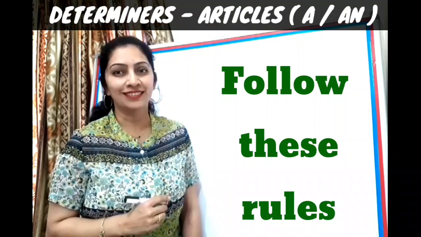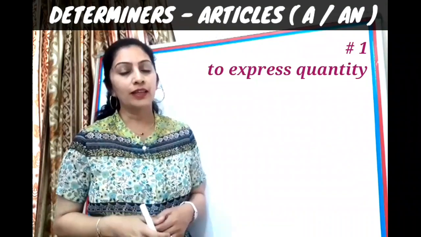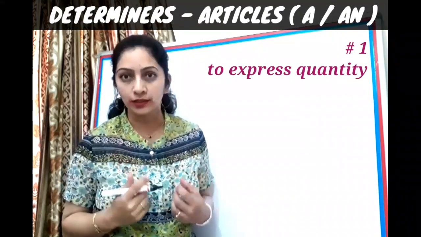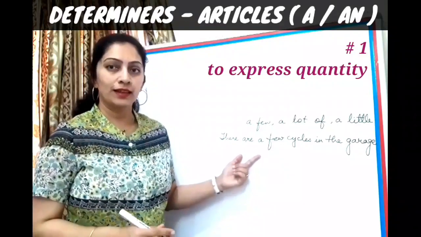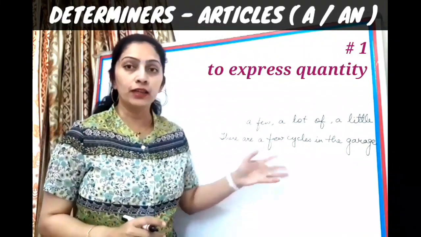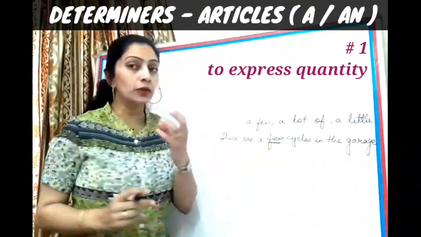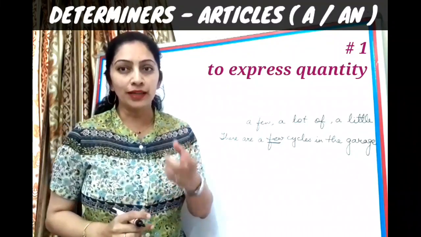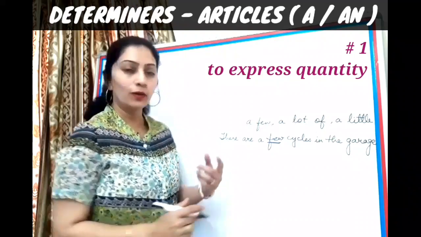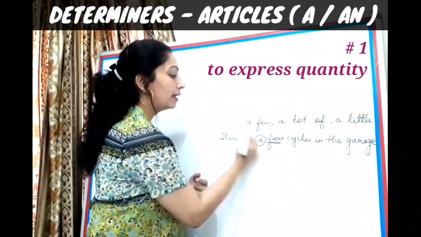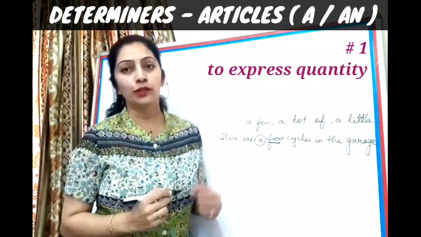Let's start. A or an can be used to express quantity. Look at this. Am I expressing quantity anywhere here? Yes, the word few expresses quantity. So whenever I am expressing quantity, I will always use an indefinite article in front of it.